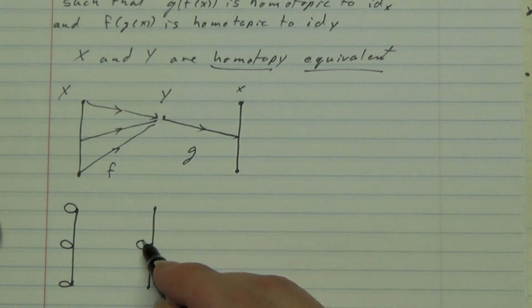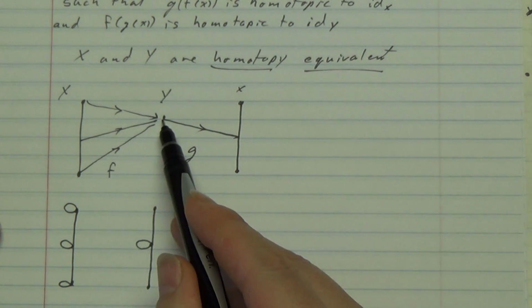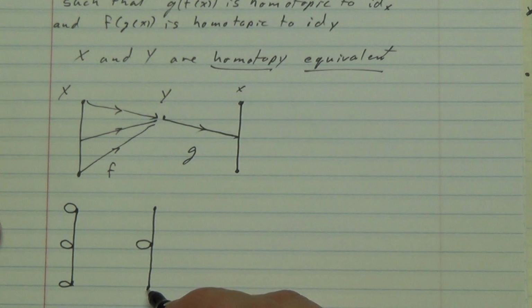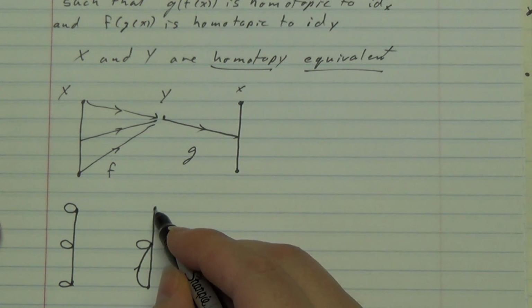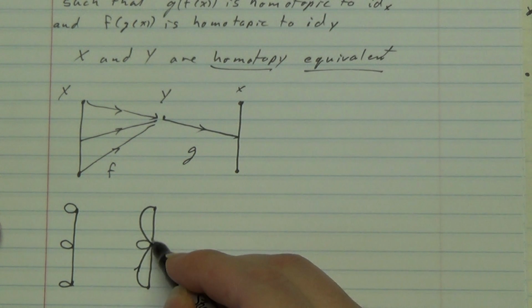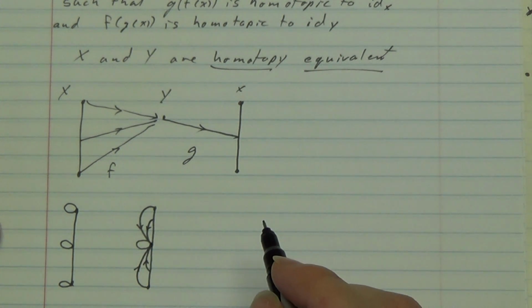So there is a loop here. But F takes the endpoint to the single point Y, which goes to the single point here. Likewise, every point in X gets taken to that single point, which is the image of Y in X.